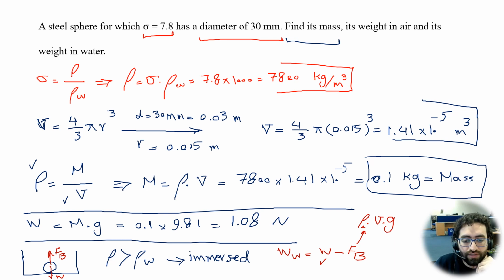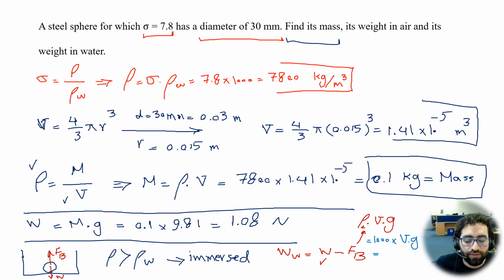So the buoyancy force is equal to 1000 times V times g, which I asked you to calculate.